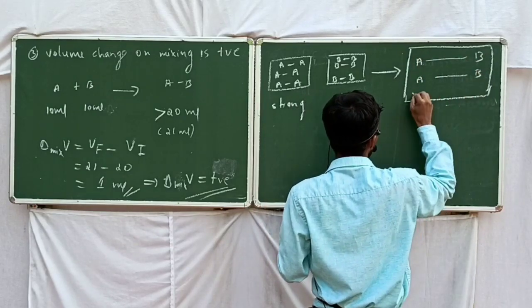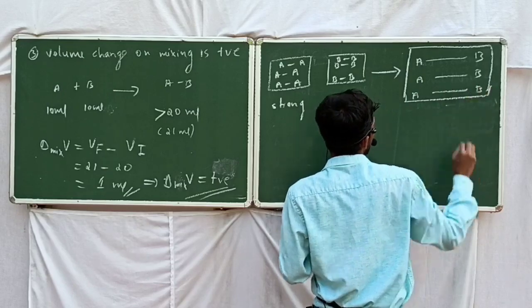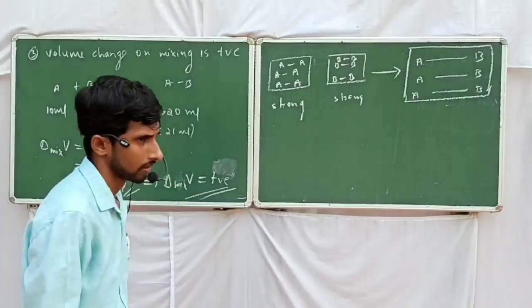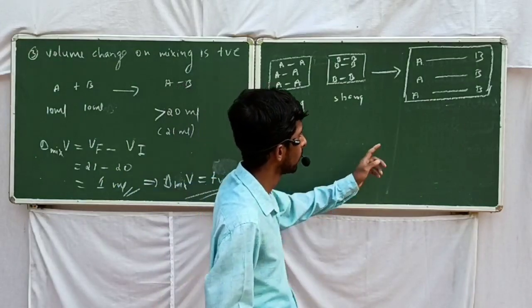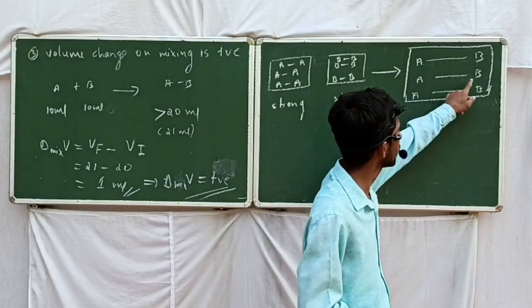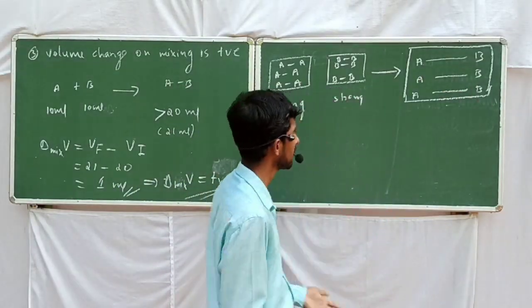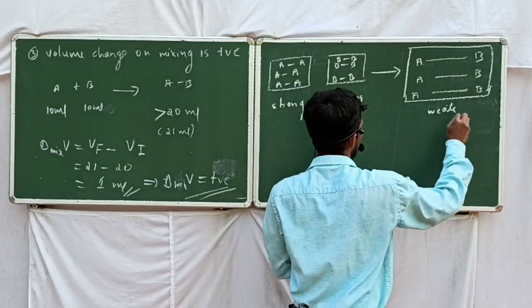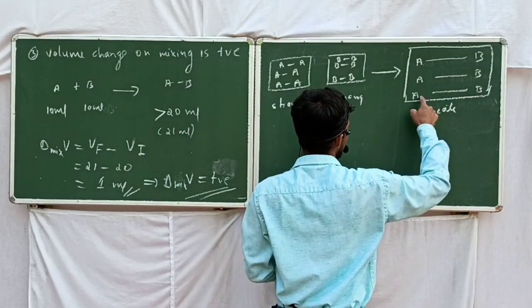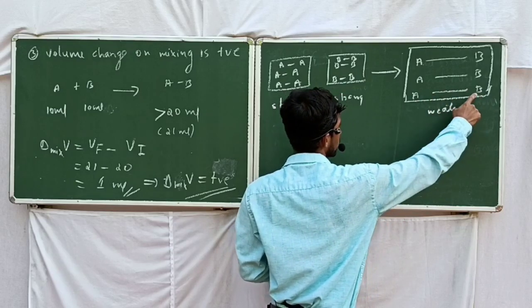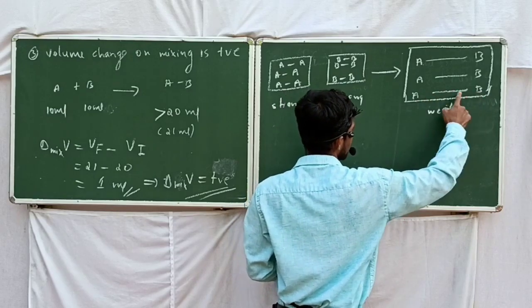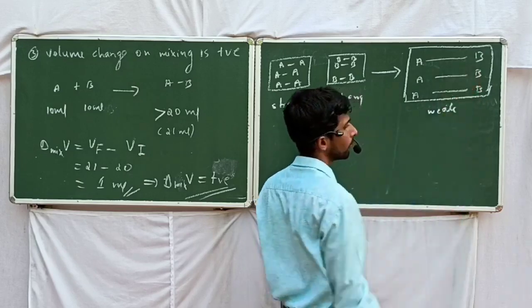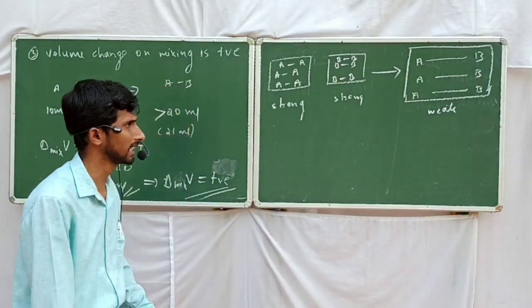If the molecules are loosely bound to each other, then the volume occupied by the molecules increases. Clearly we can observe this is due to weak intermolecular forces of attraction between the molecules. If they are loosely bound to each other, volume obviously increases. That is a simple explanation.